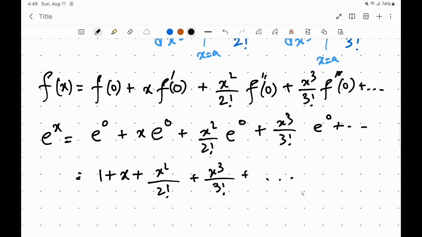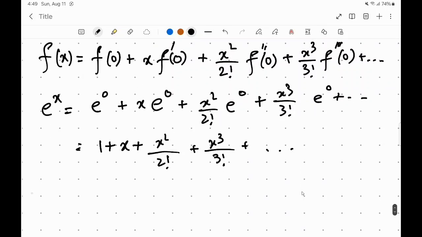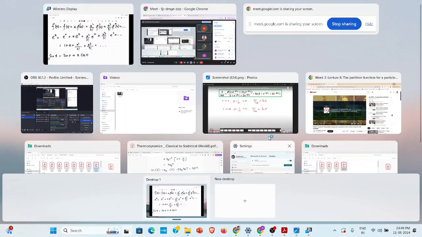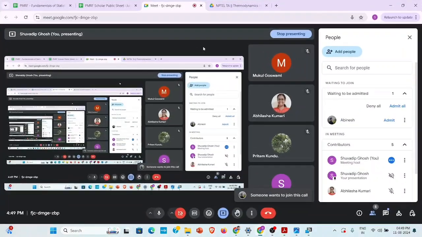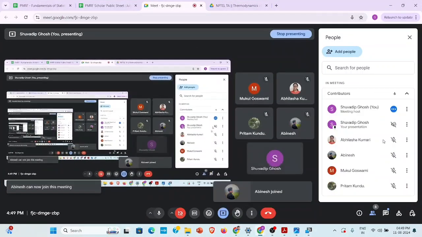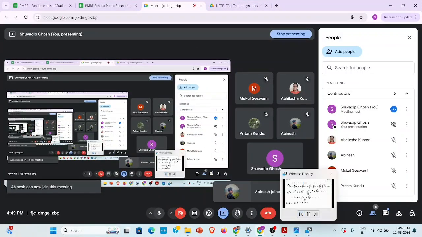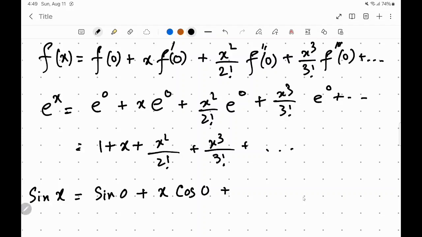You can do it for sin x using this formula, easy. What will it be for sin x? It will be sin 0 plus x into cos 0. So the sin term will be zero. Then x square by 2 factorial, again it will be sin 0, but there will be a minus sign.